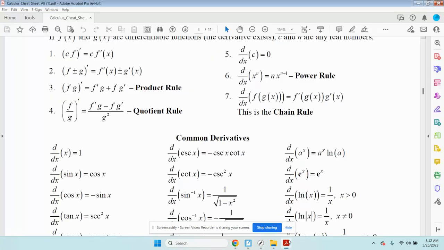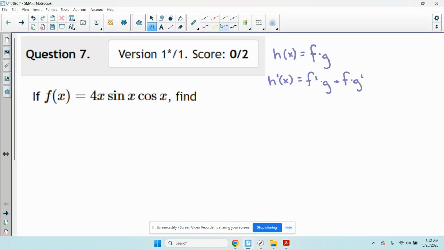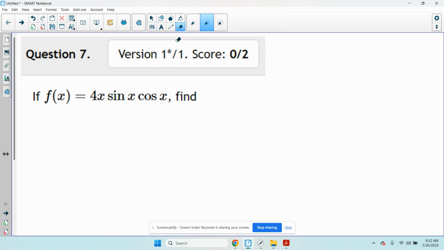Okay, that's from the formula sheet right here. If I have the derivative of f times g, that's just going to be the derivative of f times g plus the derivative of g times f. And that holds for more than two things. So if I have three things being multiplied, let's see here.